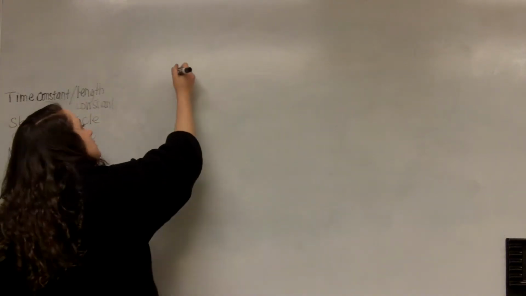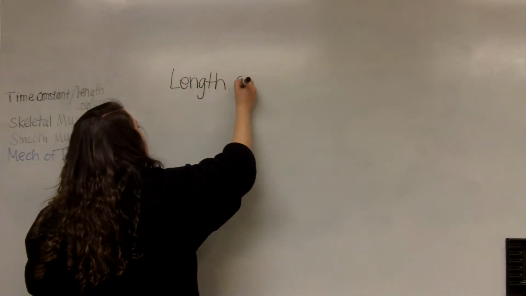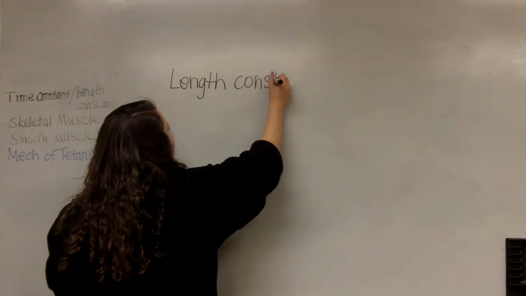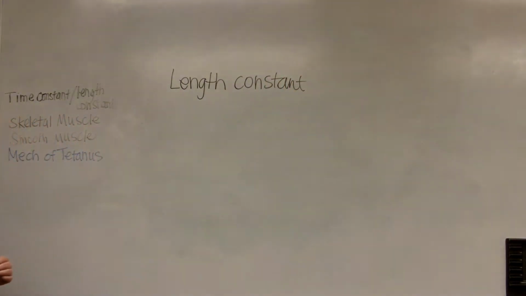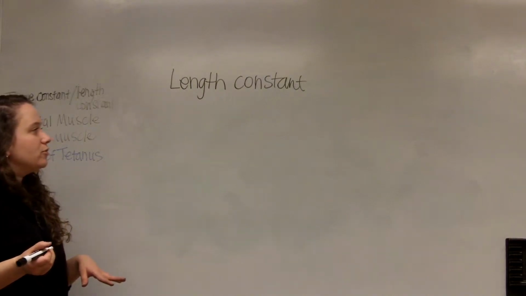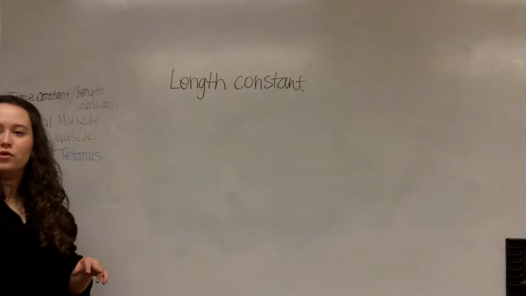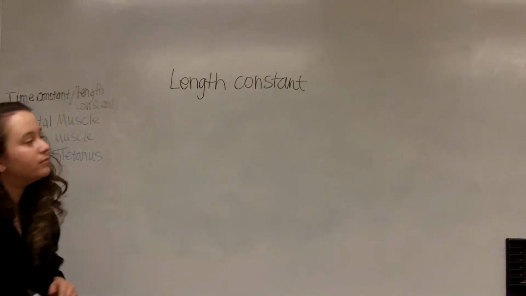Going to go to length constant. Length constant is just the distance that you can travel before you reach 2/3 of your original voltage.